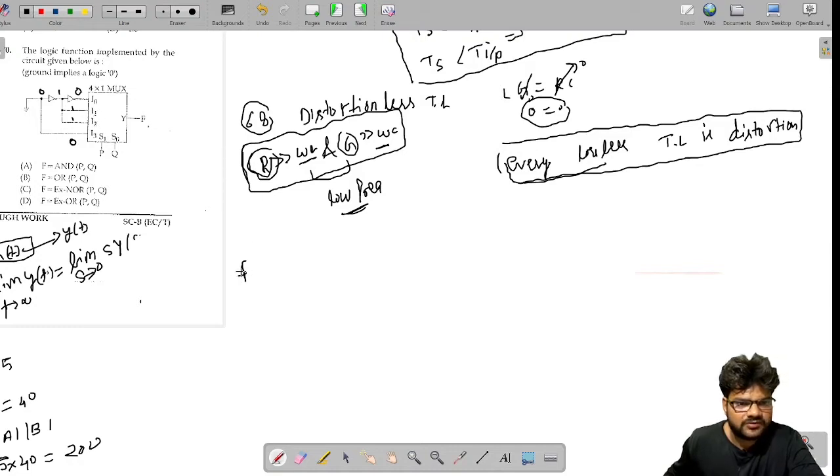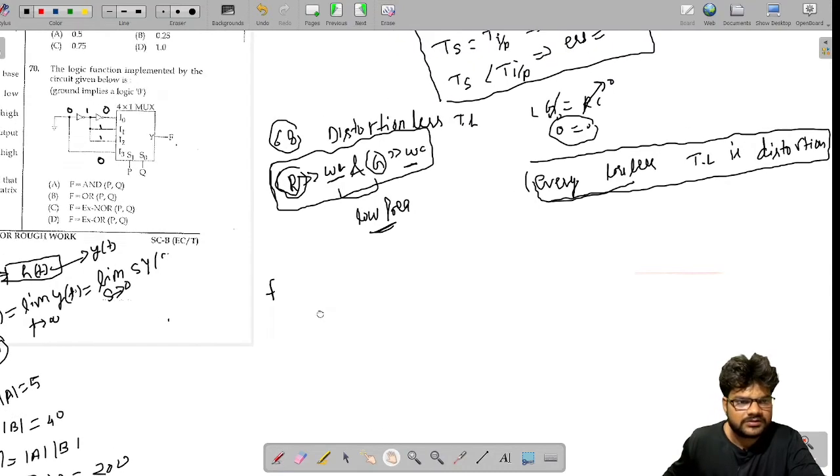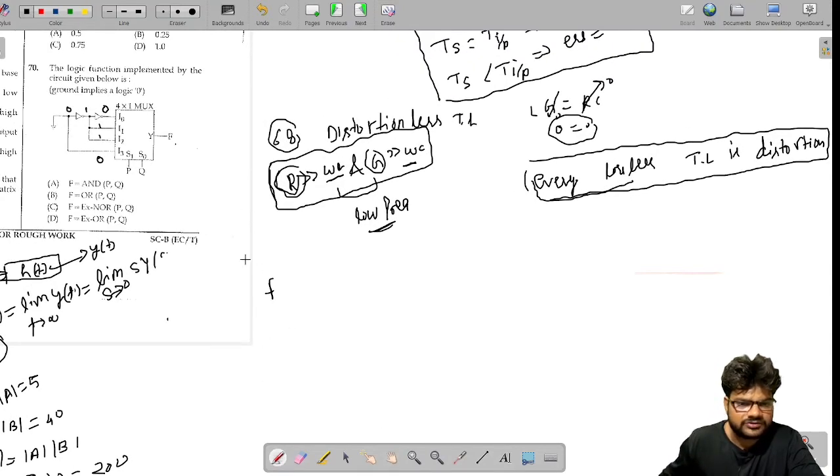So let us find out for question number 70. So let us write the output. F is going to be then, S1 bar S0 plus S1 S0 bar. So for S1 bar S0, that is 0 1, we will get 1, plus S1 S0 bar, again we will get 1. So this is an XOR gate.